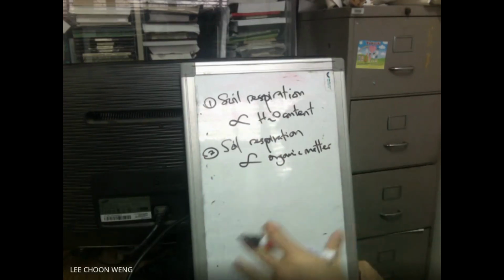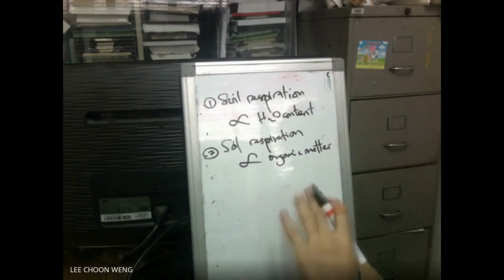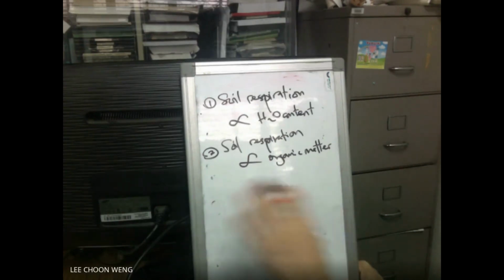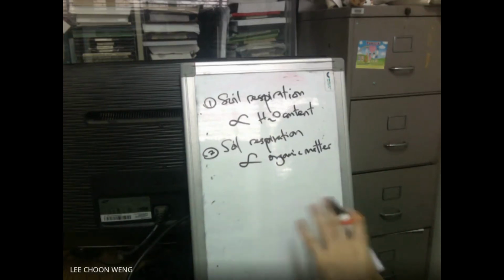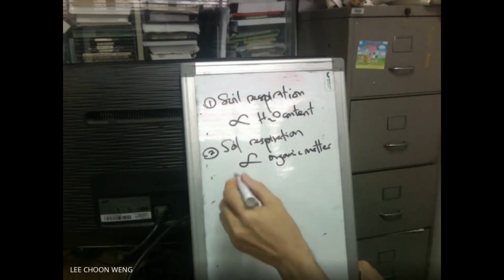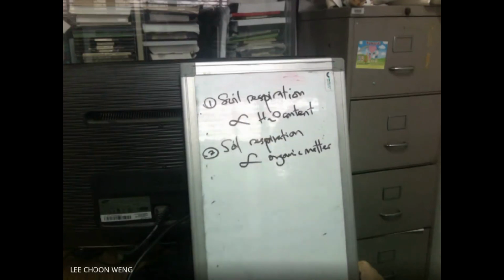So what I will be doing is I will give you some data, and then you all try to do an analysis on this. So what kind of statistical test do you think is possible for this? You want to see, does the soil respiration increase when organic matter increases? So what kind of test will you do?